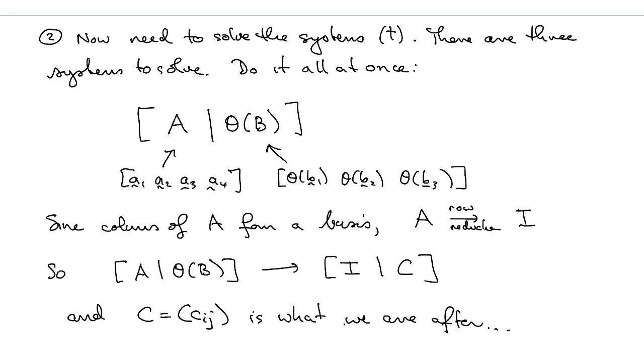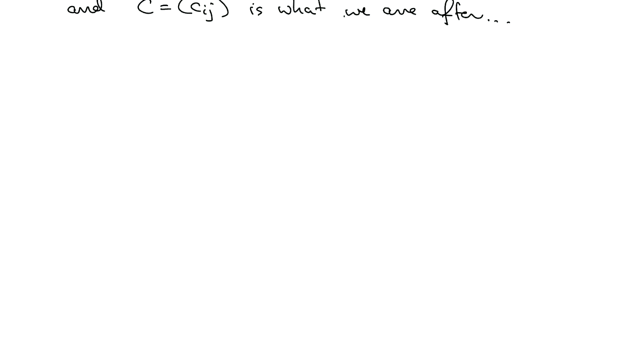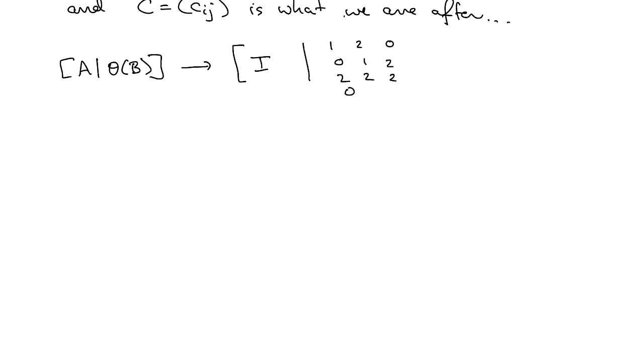So let's do the details, but maybe I'll be a little bit quick with them. Theta A augmented with theta B row reduces all the way down to the identity matrix, and what I get on the other side is 1, 2, 0, 0, 1, 2, 2, 2, 2, 0, 0, 0.